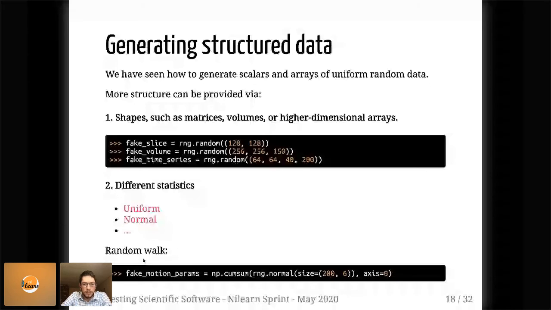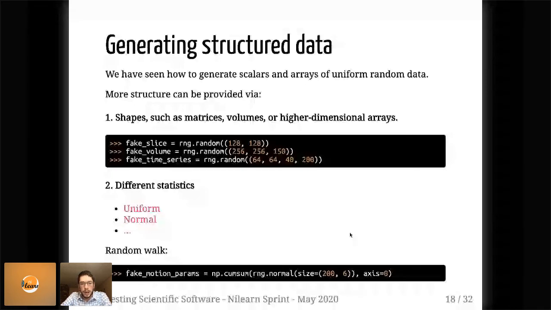An example for this is if I want to create fake motion parameters, I might use a normal distribution, so zero mean and 1 variance, and I say I want 200 time points of 6 parameters, so translation and rotation in the X, Y, and Z directions.